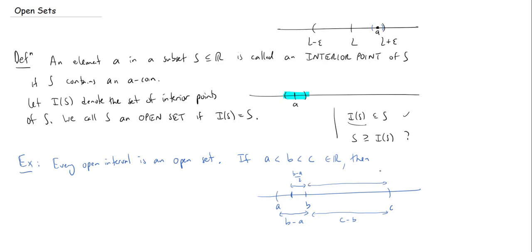Let's go halfway. All right. So halfway, I can find some point where the distance now is (c minus b) over 2. Now, one of these is bigger than the other one, or they could be equal, but I'm going to take the smaller of the two. Okay, so I'm going to set epsilon equal to the smaller of (b minus a) over 2 and (c minus b) over 2.